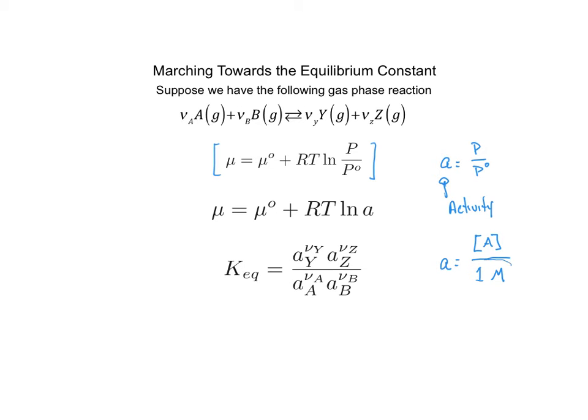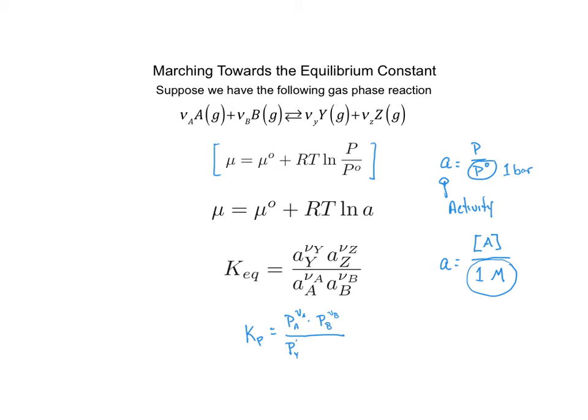Now, because the denominator in terms of concentration is 1 molar, or in terms of pressure is 1 bar, we can leave this off and make our expressions much simpler and write these as Kp equals the pressure of A raised to the stoichiometry of A times the pressure of B raised to the stoichiometry of B. Oh, and I did this upside down, but that's okay.